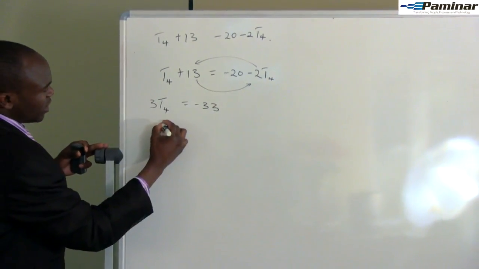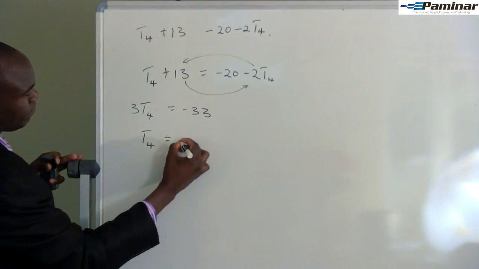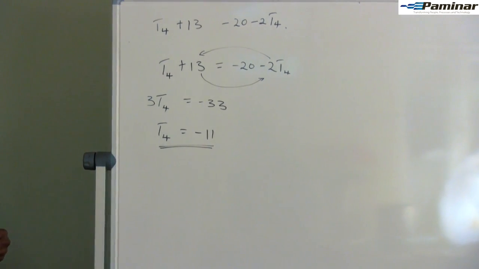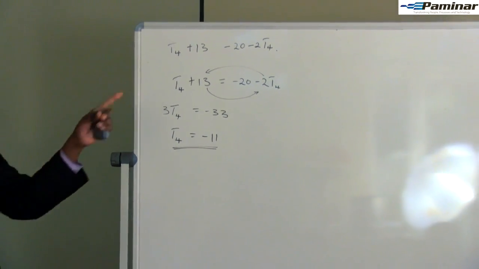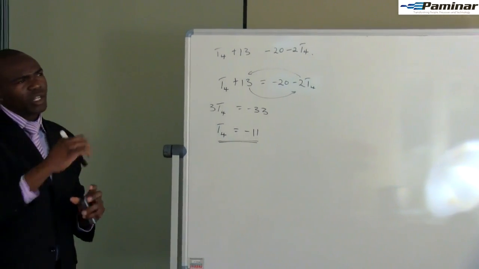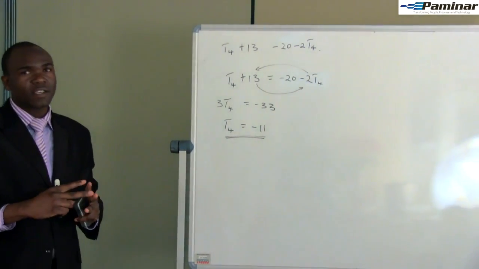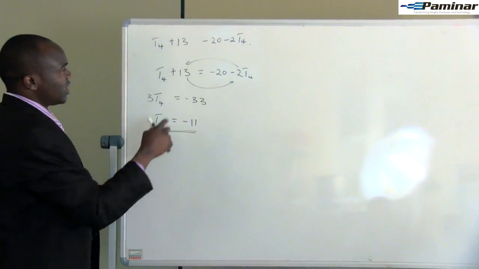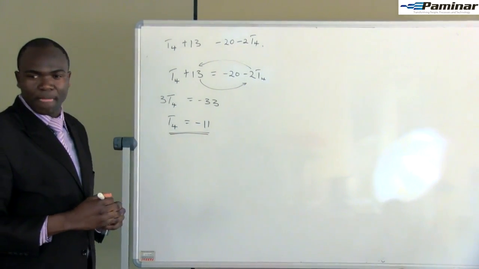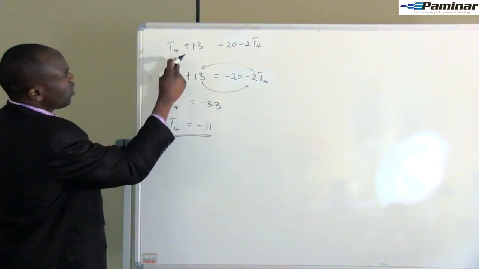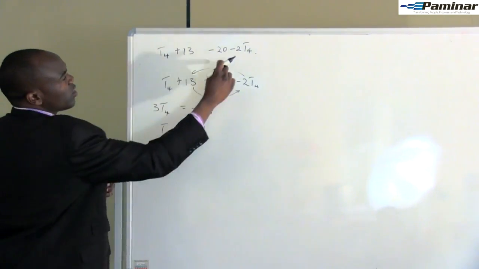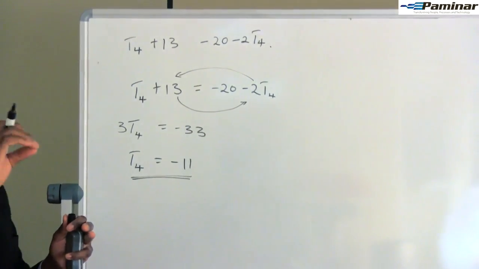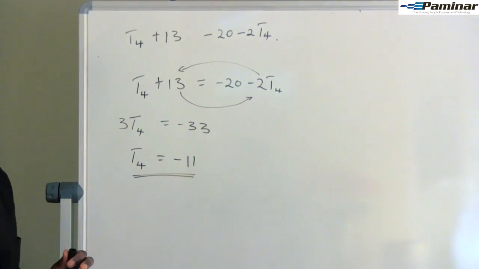This is simple. So what is our T4? Negative 11. Alright. Now we got our T4. But what are we required to do? It says calculate the second difference, the D that we've been talking about. So the whole of this here is D, and also this is D. Remember on the quadratic, they should be equal on the second difference.